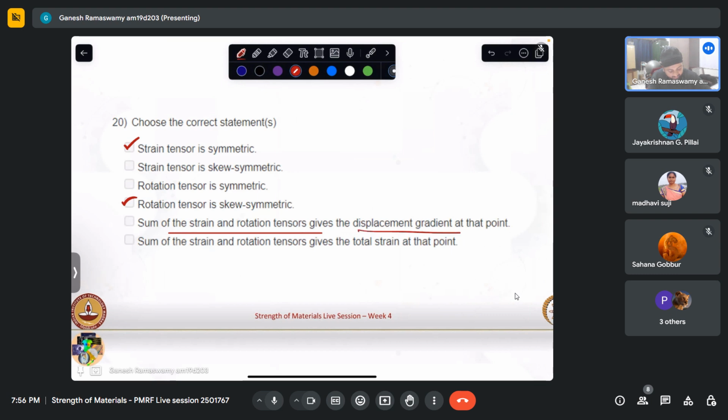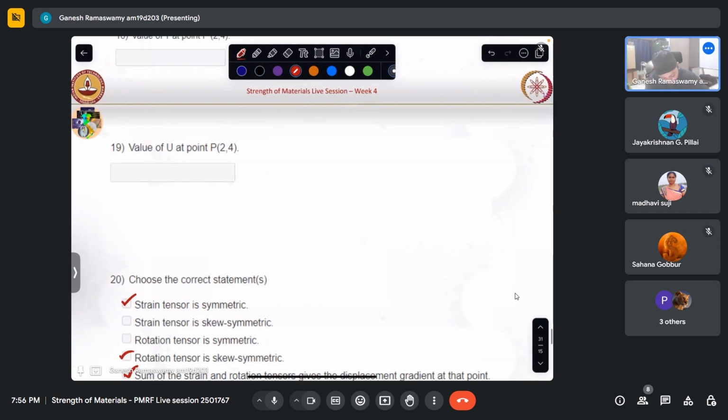So let us see why that is. We saw that H is our displacement gradient. We said strain tensor is defined as H plus H transpose by 2. And we said rotation tensor is defined as H minus H transpose by 2.